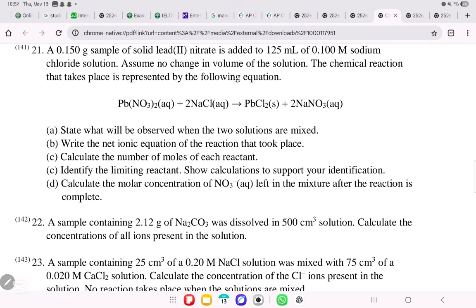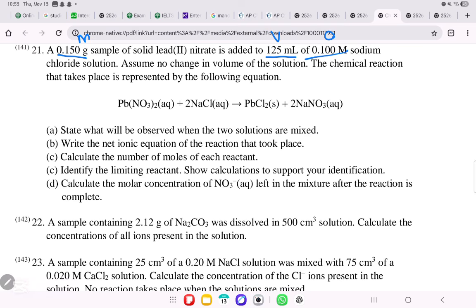A 0.150 gram sample of solid lead 2 nitrate is added to 125 milliliter of 0.100 molar sodium chloride solution. First of all, this is mass. It is added to 125 milliliter volume of sodium chloride solution of that concentration. Assume no change in volume of the solution.